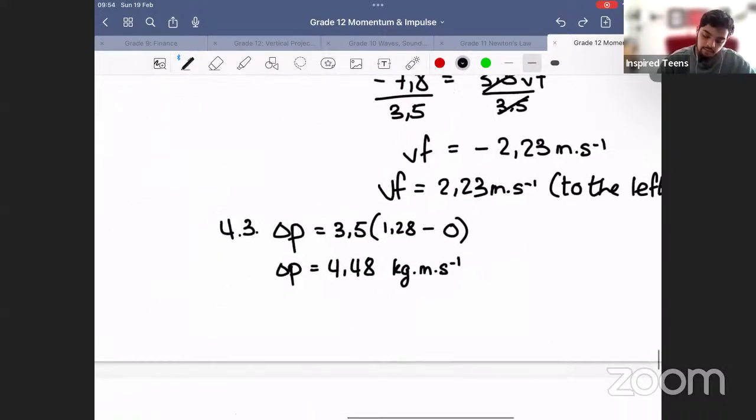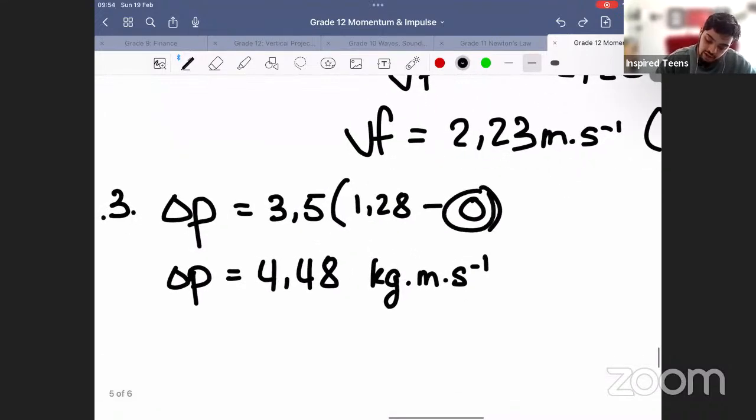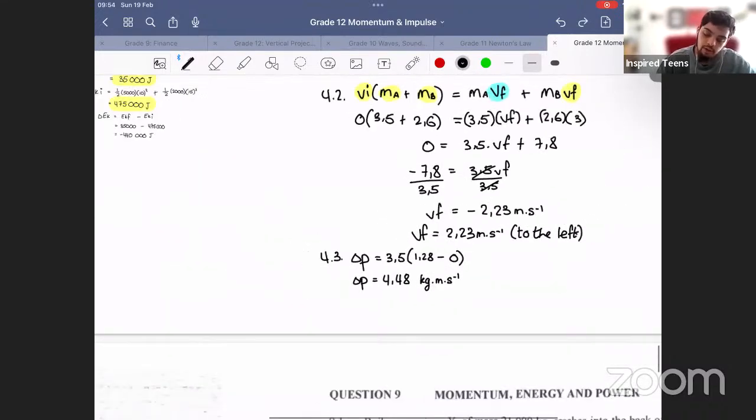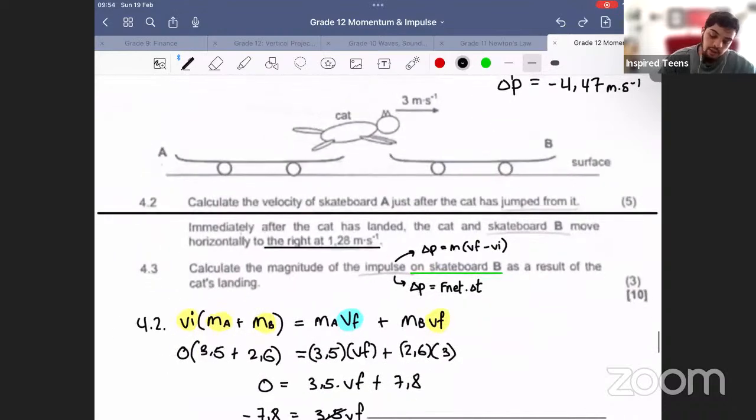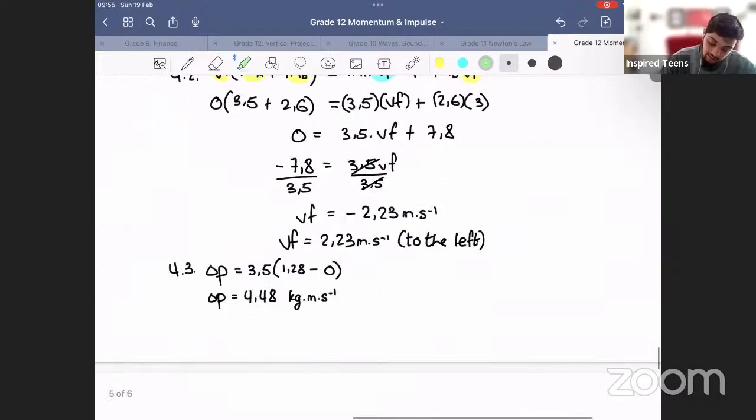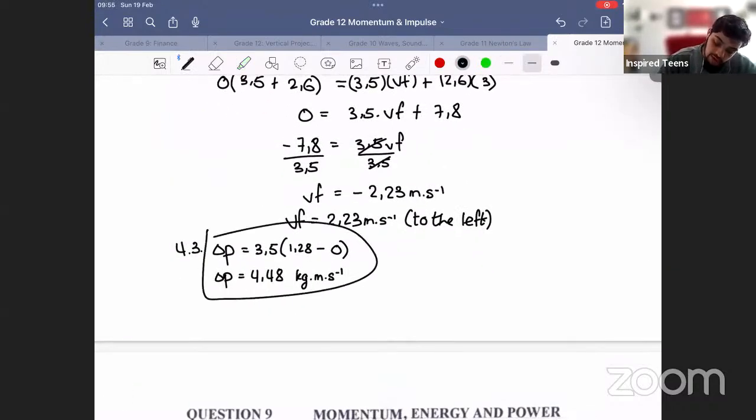Why don't we use 3 for the initial velocity, as that's what the cat jumped with? Okay, that's a good question. That is very specifically because we are dealing with skateboard B. We want to know the impulse on skateboard B. So all of this information is the skateboard's information.